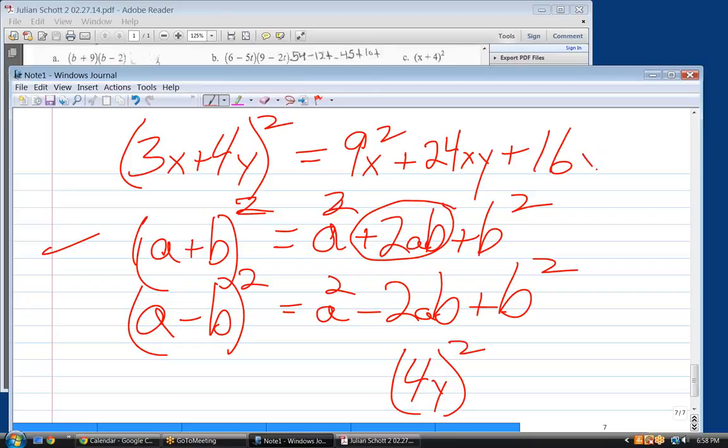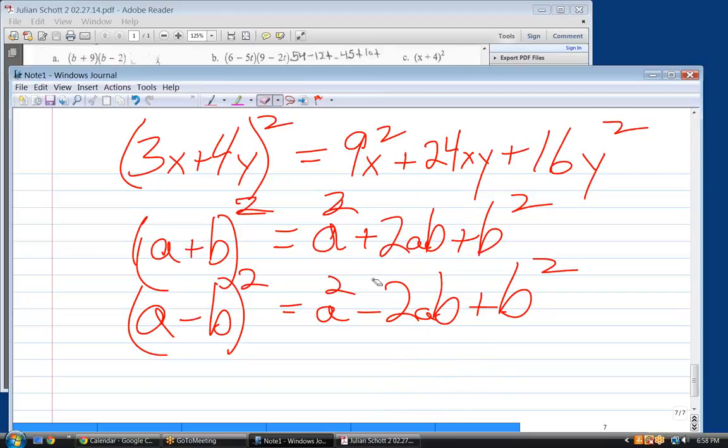Y squared. Yeah. Okay. And that's the best way to do these kind of problems. Not to have to FOIL them all the time. But in order to do that, you have to recognize that this part is the A, this part is the B. And if it's subtracted, then we use this one down here. Okay? Okay. All right.